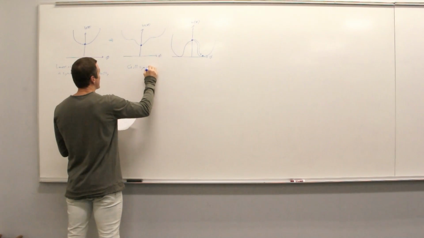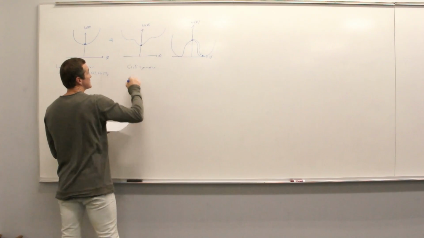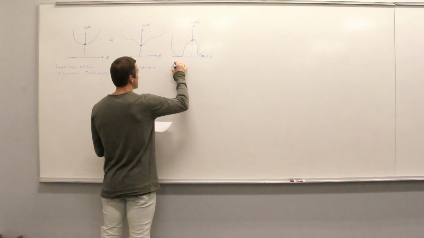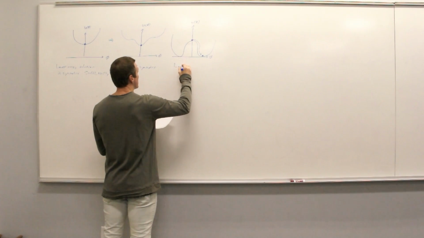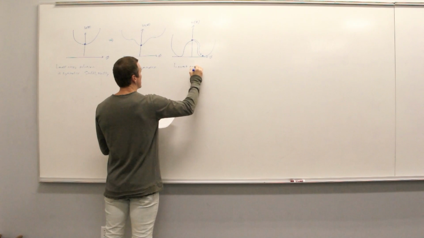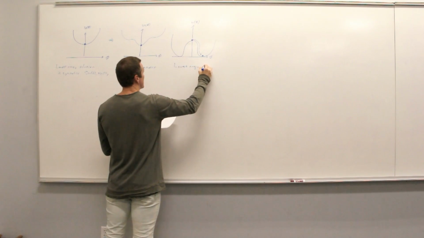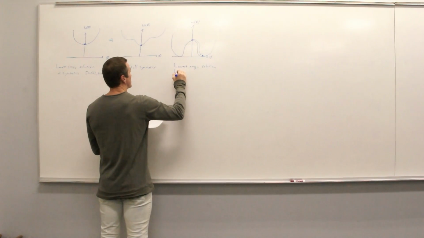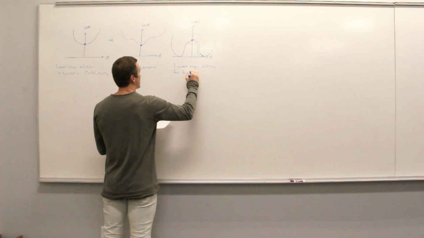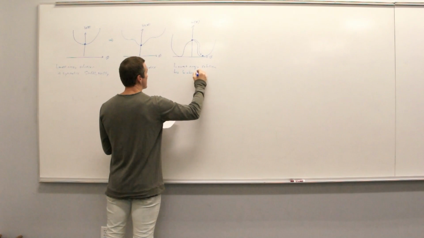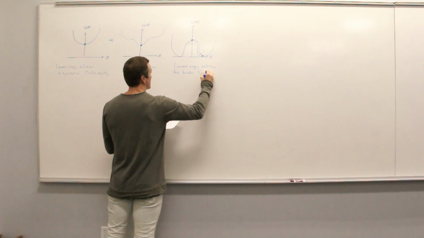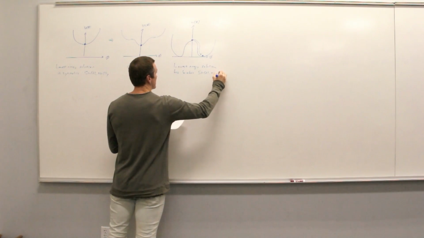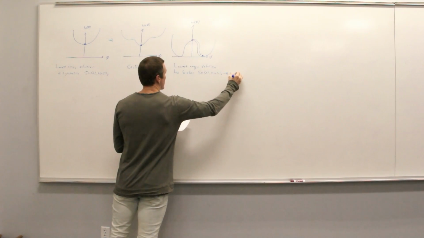This one is still symmetric. The lowest energy solution is still symmetric. But now we see that the lowest energy solution has broken the SU(2)_L × U(1) down to the U(1) of electromagnetism.